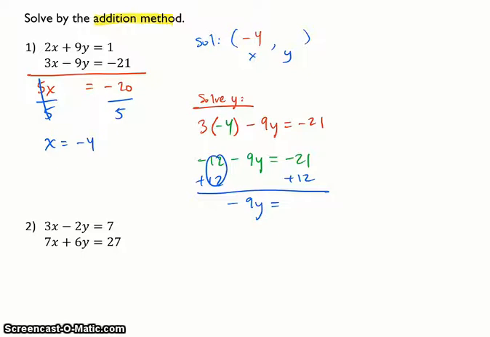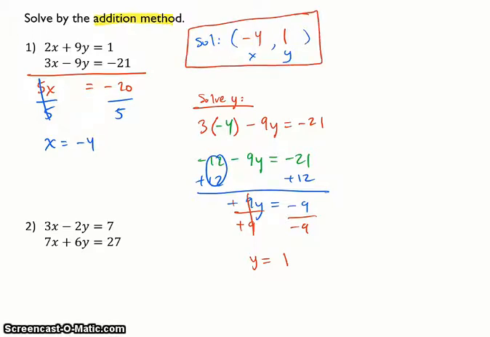That gives me negative 9. And then divide by negative 9. The negative 9s cancel out. So I get y is equal to negative 9 over negative 9, which is positive 1. So there it is. Here's my solution to the system of linear equations. Let's go through one more problem.